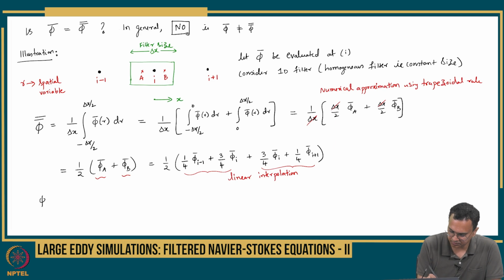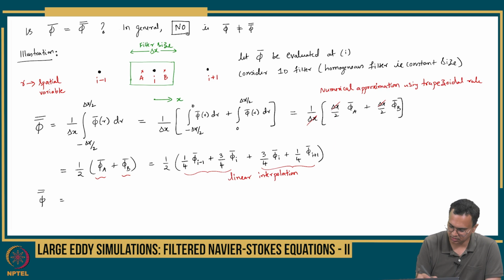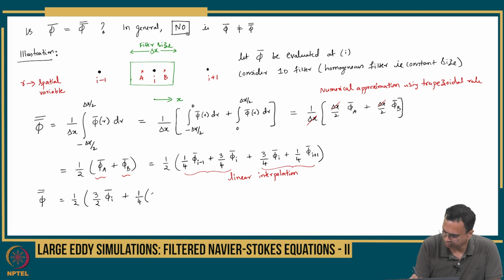Now if I rewrite this, phi double bar is equal to half of 2 times 3/4 phi I bar, so this is 3/2 phi I bar, plus 1/4 of phi I minus 1 bar plus phi I plus 1 bar.